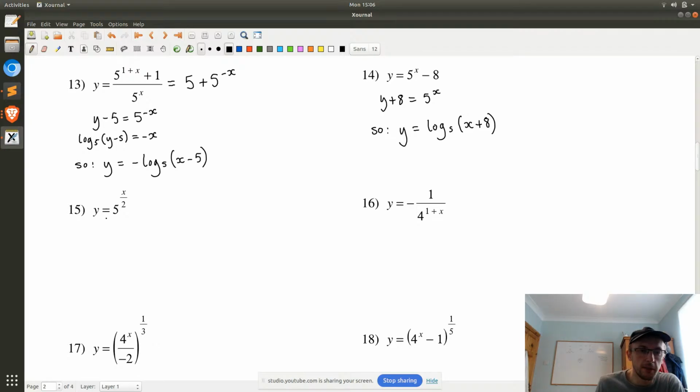Log base 5 of both sides. So x over 2 equals log base 5 of y. So x is 2 log base 5 of y. And then conclude by swapping the variables. 2 log base 5 of x.